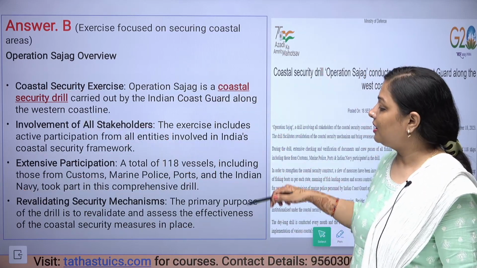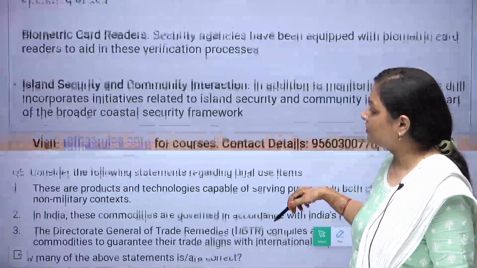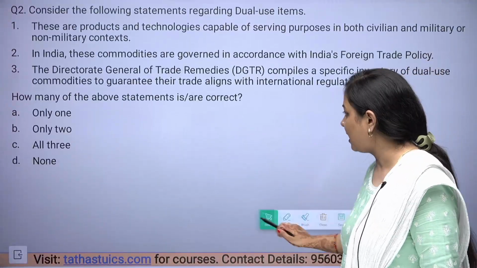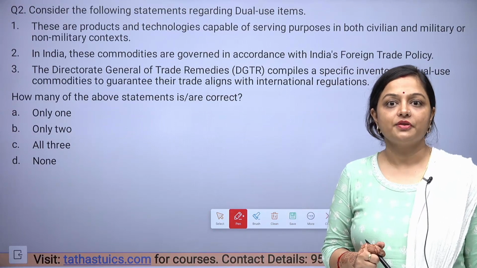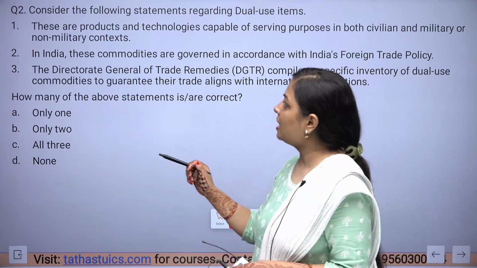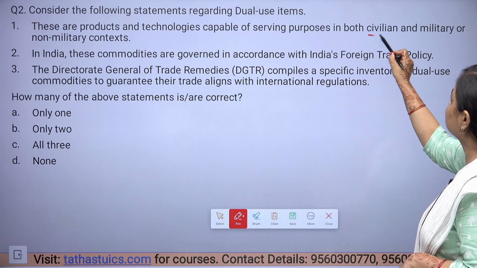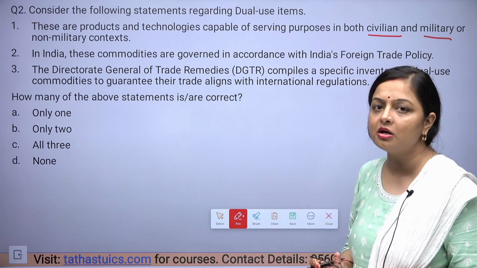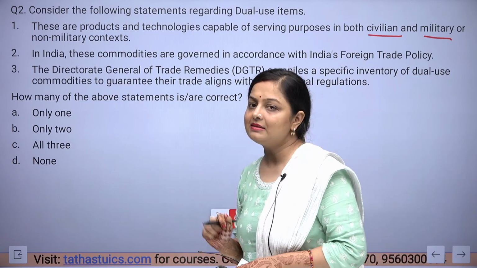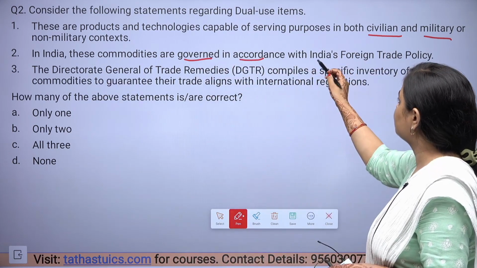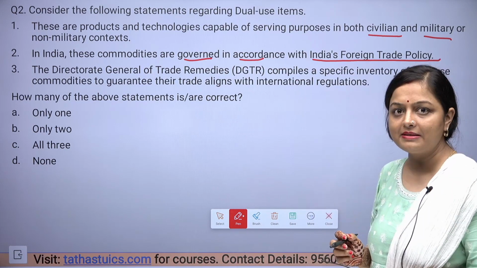Okay, now let's move on to the next question of the day, and it is related to the dual use of items. Okay, so the very first statement says these are products and technologies capable of serving purposes in both civilian and military or non-military contexts. Second statement says in India these commodities are governed in accordance with India's foreign trade policy.